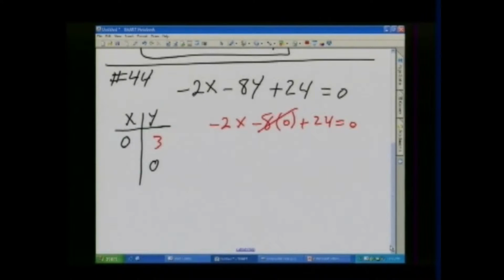Therefore, this would be 0. Minus 2x equal to minus 24. X would be equal to 12. That is when y is equal to 0. Now, those are the only 2 points I need to sketch this graph.